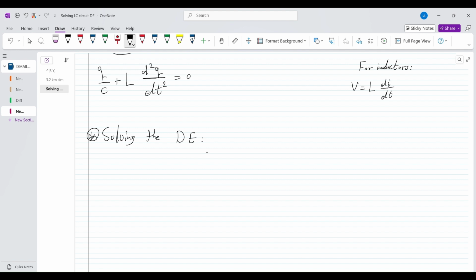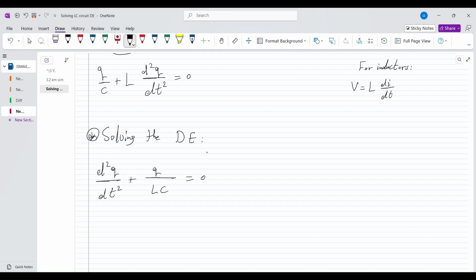So we can rewrite this differential equation as the second derivative of Q with respect to time plus Q over LC, and it's equal to 0. This is a second order ordinary differential equation, and it's homogeneous.